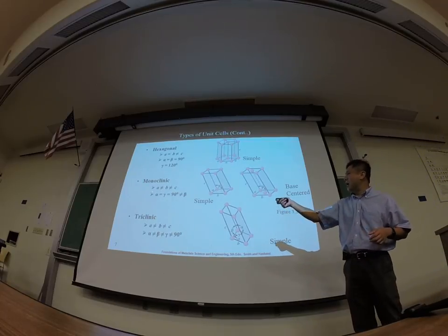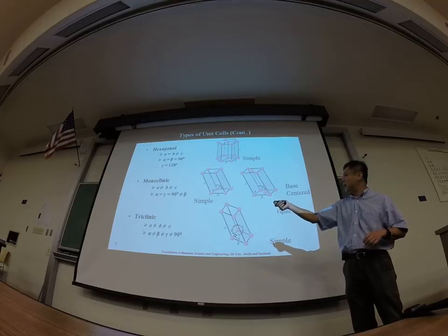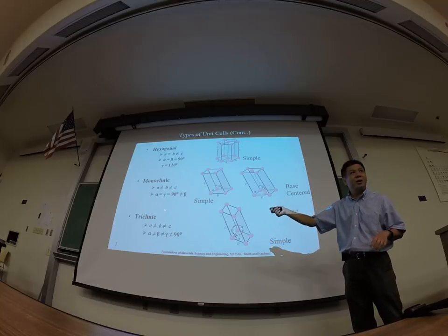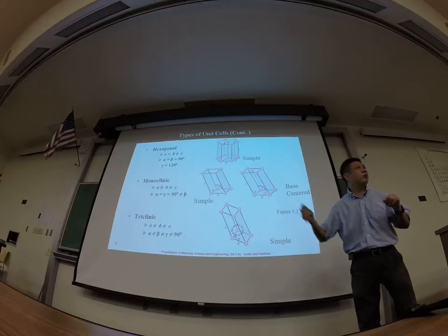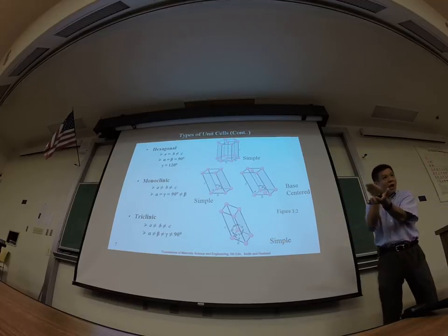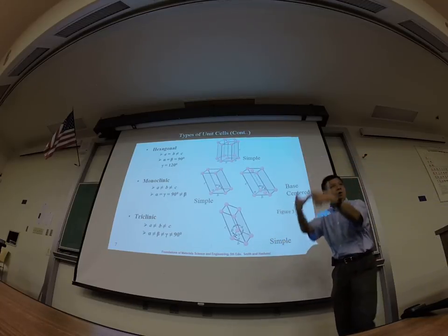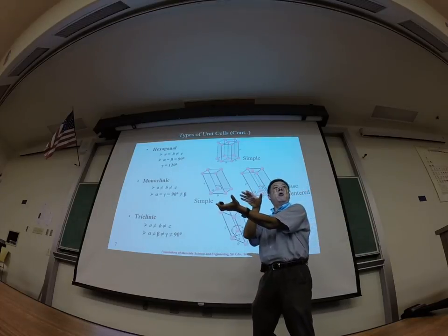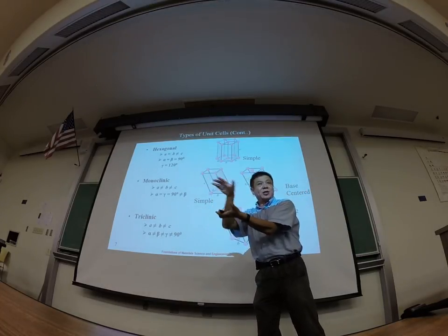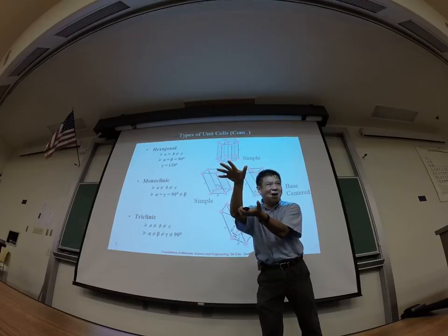So that means A, B, C not equal to each other. Alpha, gamma still equal to 90 degrees, but the beta does not equal to 90 degrees. So that means you tilt a tetragonal one only along the beta direction. Okay, so it's kind of like a tilted structure.